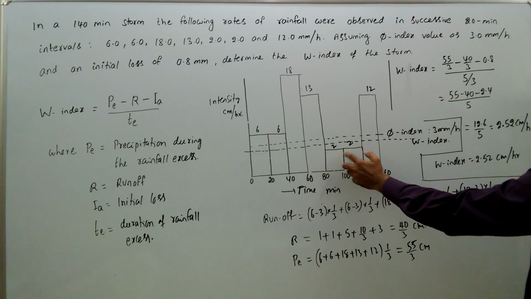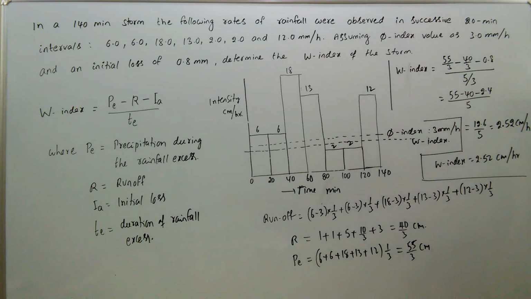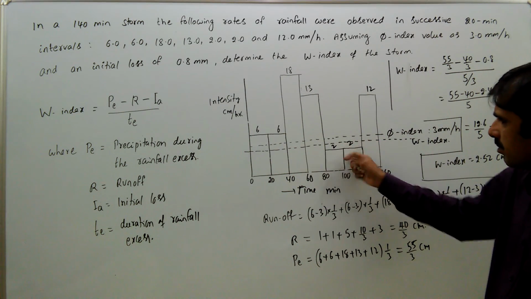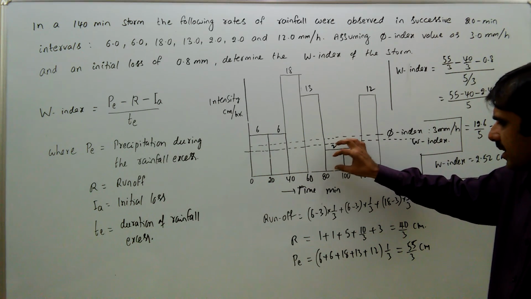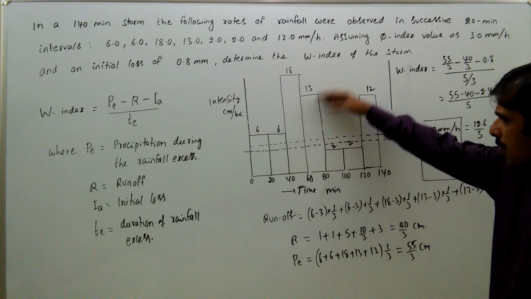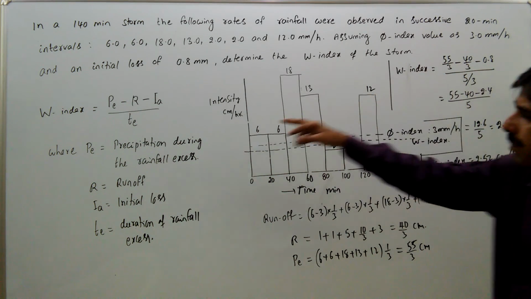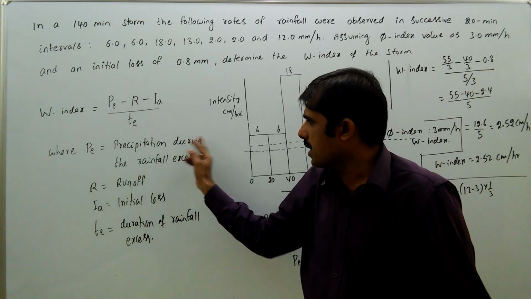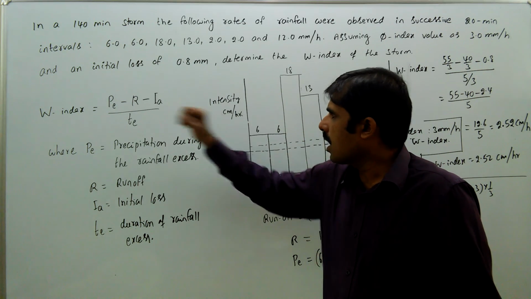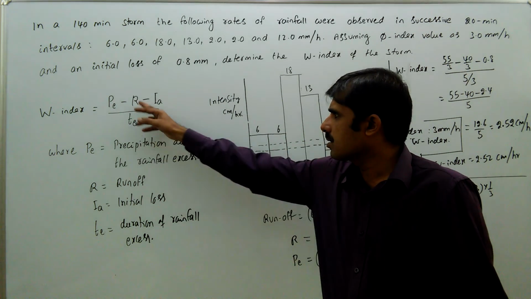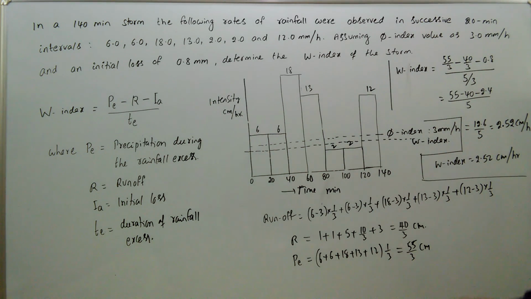We should not take the 2 and 2 in rainfall excess because they are less than W index. Whatever lesser intensities are there below W index, we should neglect. We should take only the pulses above the W index. So by the W index formula, precipitation during the rainfall excess minus runoff minus initial losses, divided by the duration of rainfall excess, we get the W index.